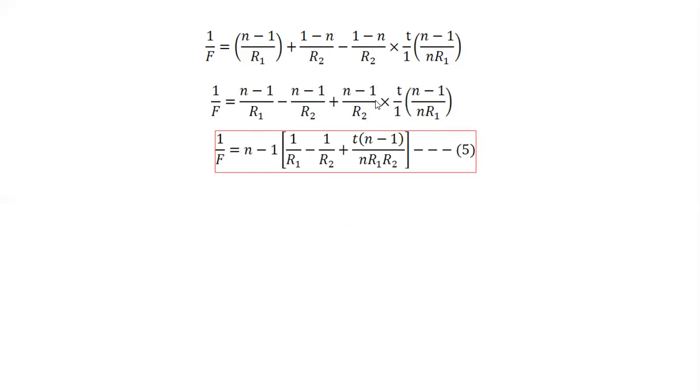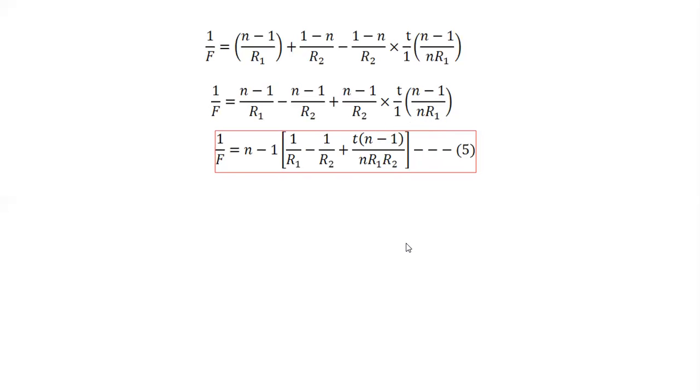(n − 1) is common. Therefore, 1/f = (n − 1) × [1/r1 − 1/r2 + t × (n − 1)/(n r1 r2)]. Since (n − 1) is common, you get another (n − 1) here: t × (n − 1)/(n r1 r2).